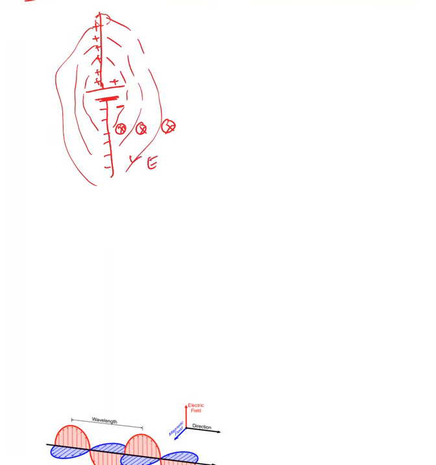These are the electric field lines, starting from the positive and ending at the negative, and the magnetic field lines because of the current direction. The current is going up, so the magnetic field is going into the screen here, coming out of the screen, going into the screen, coming out of the screen.